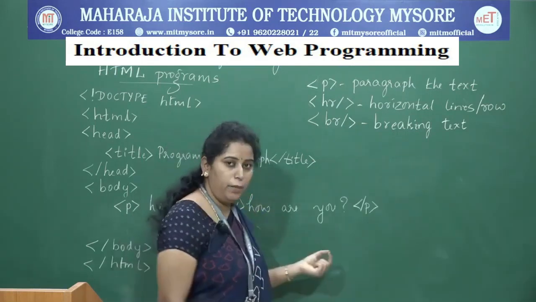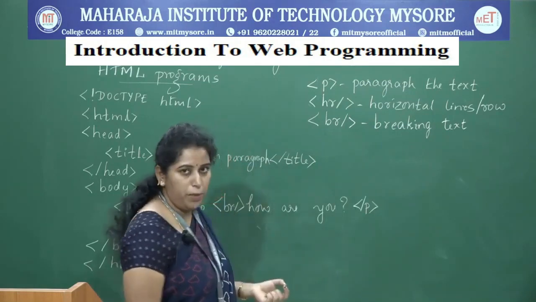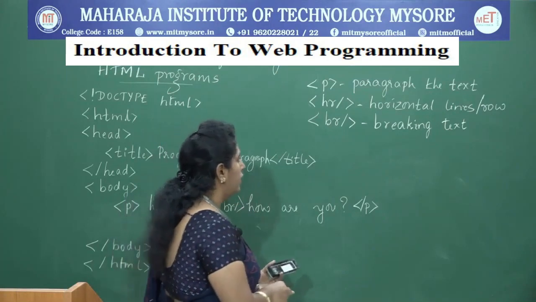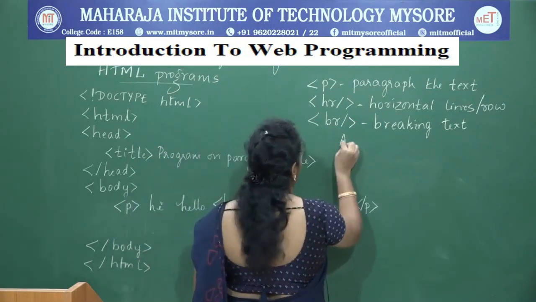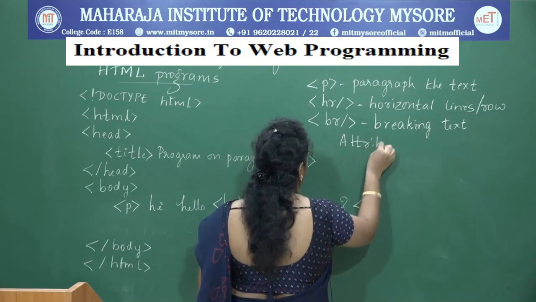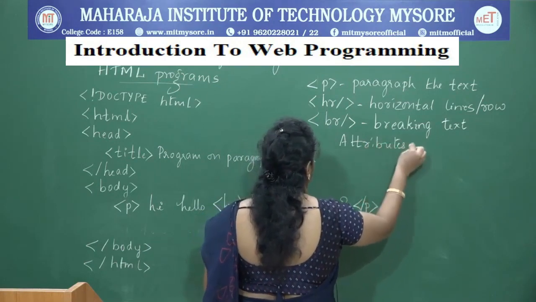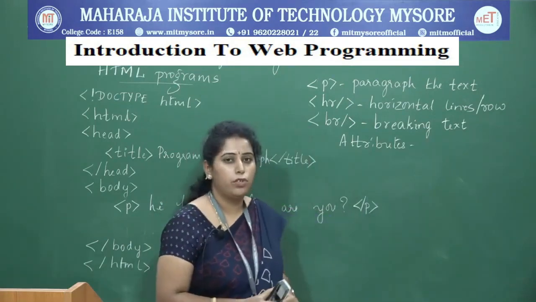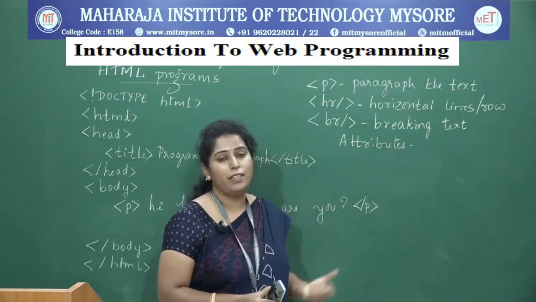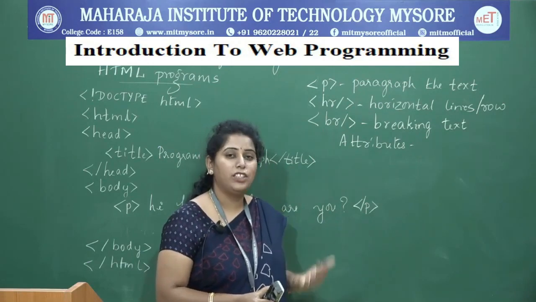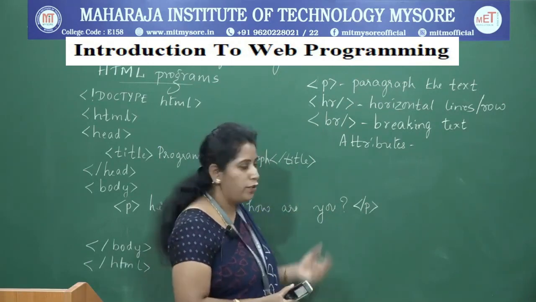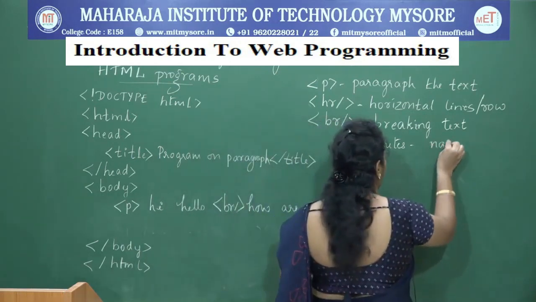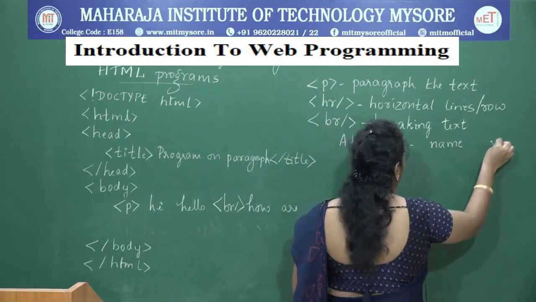In the same P tag, a few more things we need to discuss. That is attributes. So what are attributes? Attributes are used for providing detailed or additional information. Attributes consist of two components. One is name and the second is value.